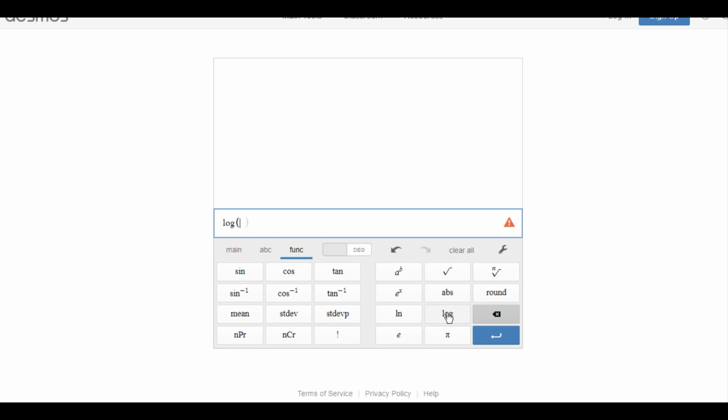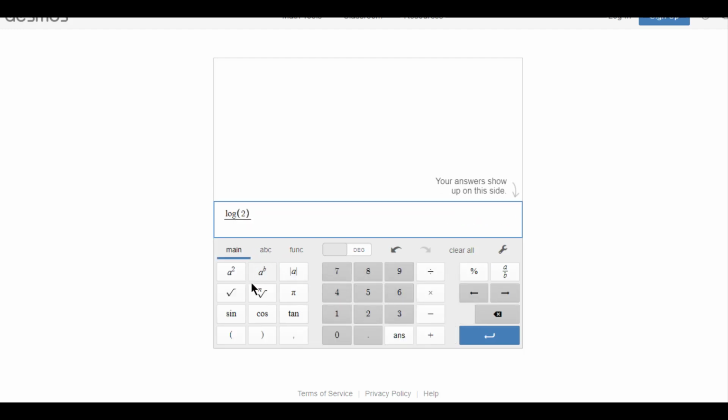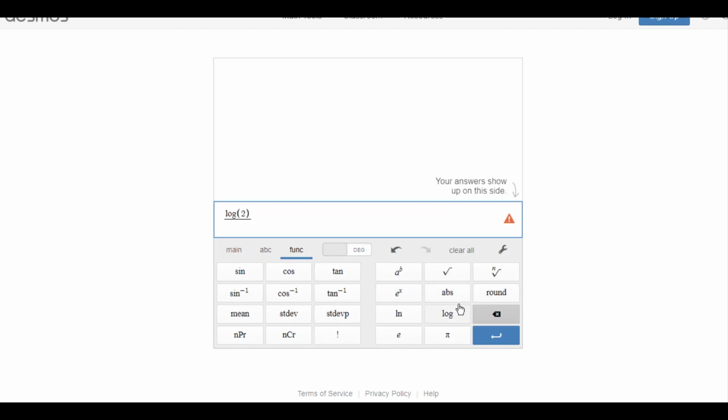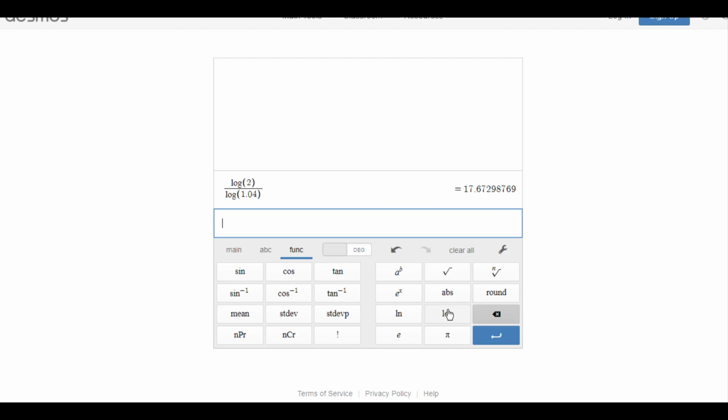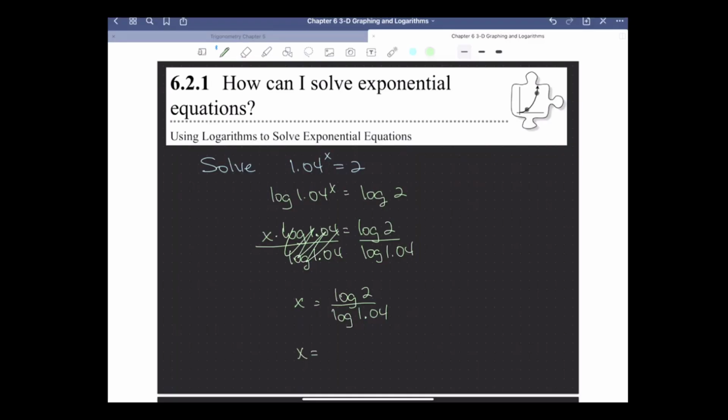We had the log of 2 divided by the log of 1.04. Hit enter. What do we get? 17.67. You guys good with that? 17.67.